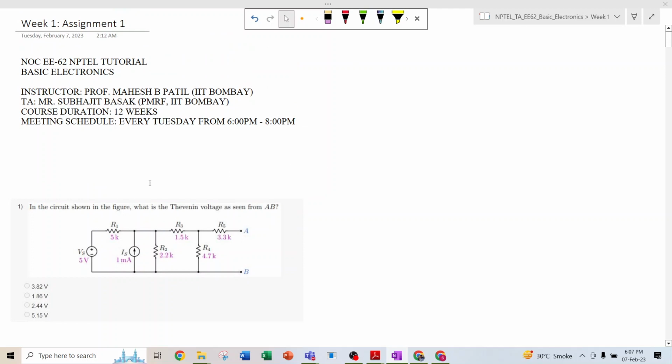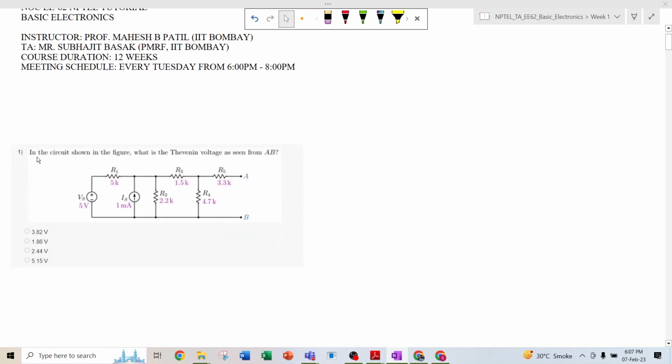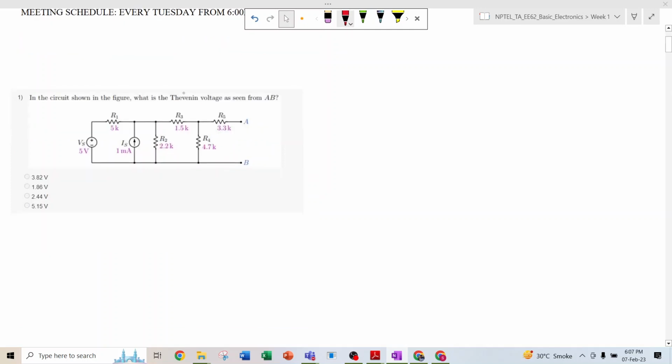So for this question one, it is asked: in the circuit shown in the image, what is the Thevenin voltage as seen from AB? I hope that you have all gone through the lectures of Professor Mahesh Patil.